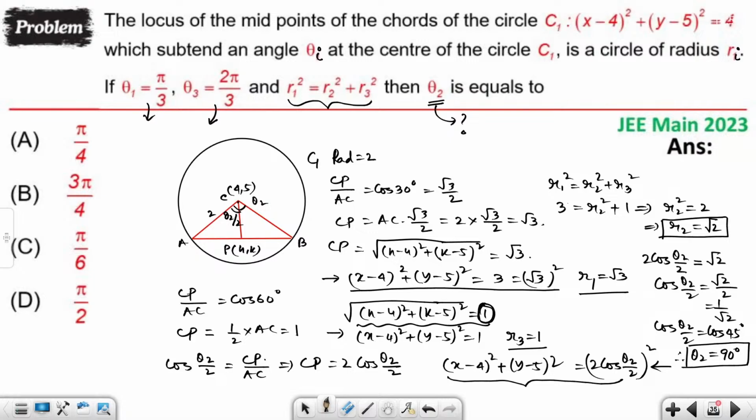The question is, you have to find out that angle. But one relation is given: R1 square equals R2 square plus R3 square. So from there we get the radius of the locus for the second case, and after calculation, we get theta 2 is 90 degree. Hence your option D is correct.